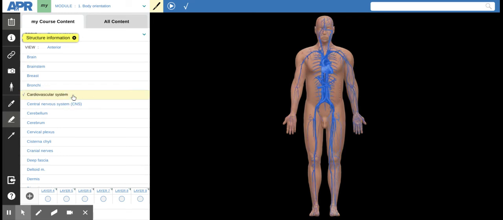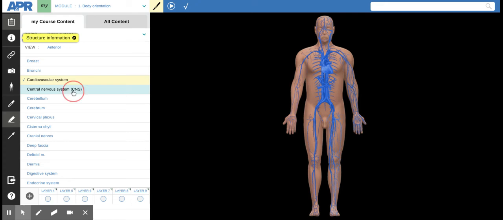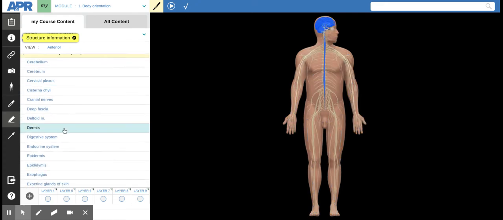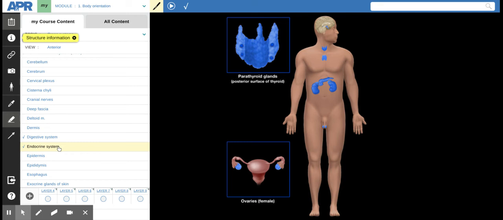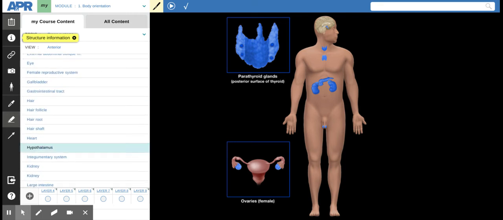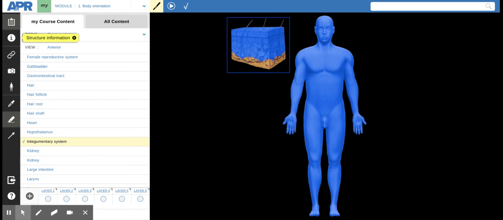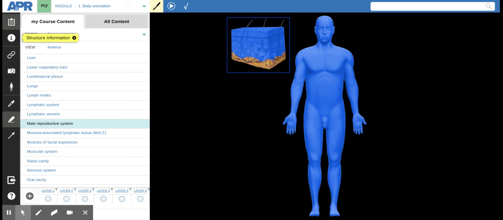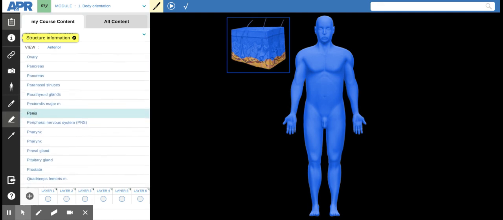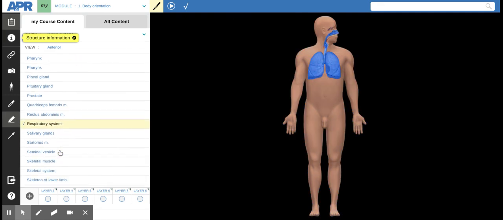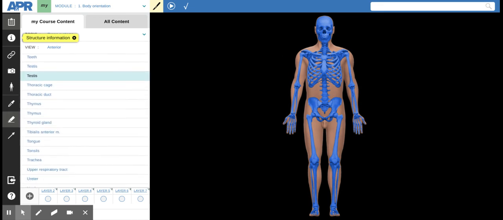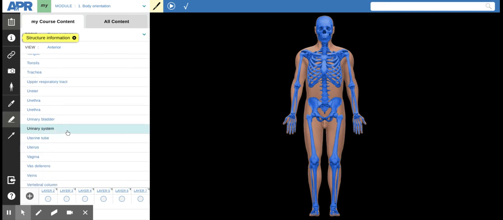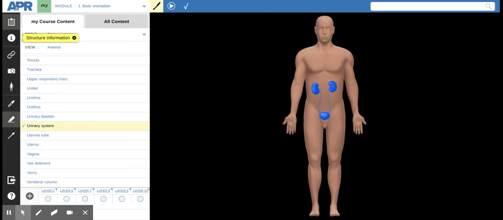Here's looking at part of the cardiovascular system, your central nervous system, the digestive system, your endocrine system, your integumentary system, here's your respiratory system, your skeletal system, the urinary system, and respectively, there would be the reproductive systems for male and female as well.